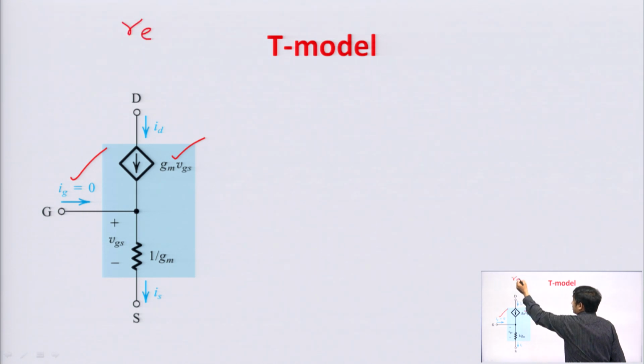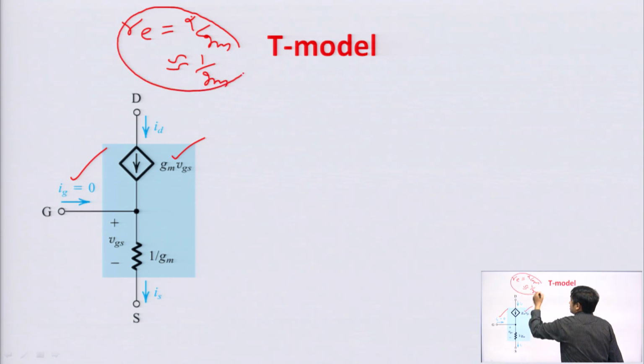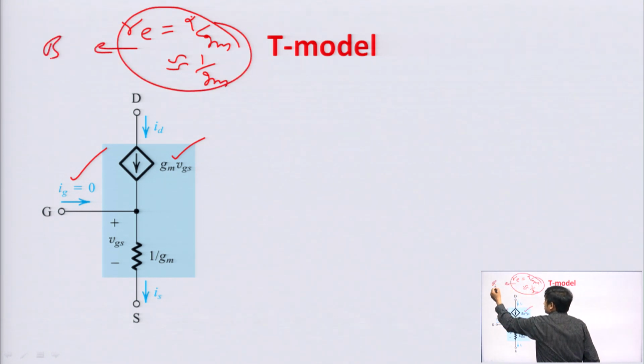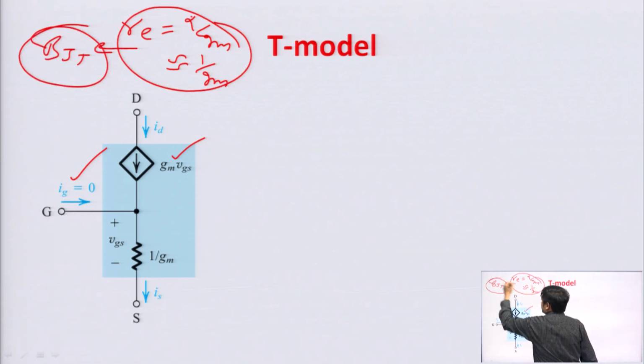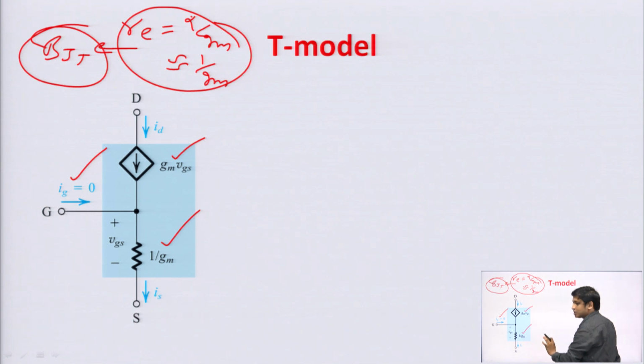We had written re, and that re is alpha by gm, and alpha is approximately 1, it is close to 1, in fact it is less than 1, 0.99, 0.98, something like that. So, this re is 1 by gm. This is for BJT, I am just comparing it, fine. In MOSFET, the internal resistance at the source is called 1 by gm, fine.